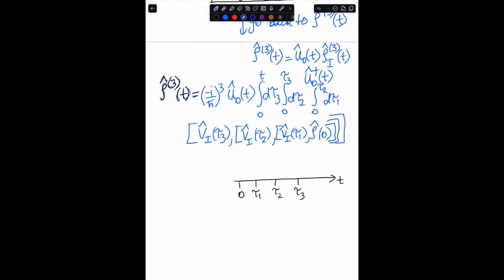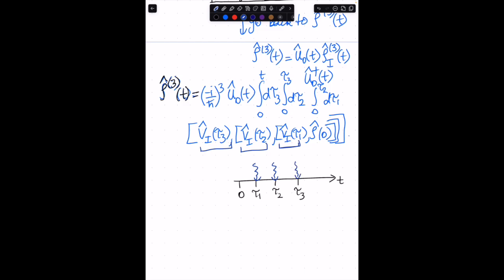Okay, let me not get into the physical interpretation of it before fully deriving the math. That would not be correct. Let me just say for now that you have three interactions or three perturbations. One is at tau 1, one is at tau 2, and one is at tau 3.